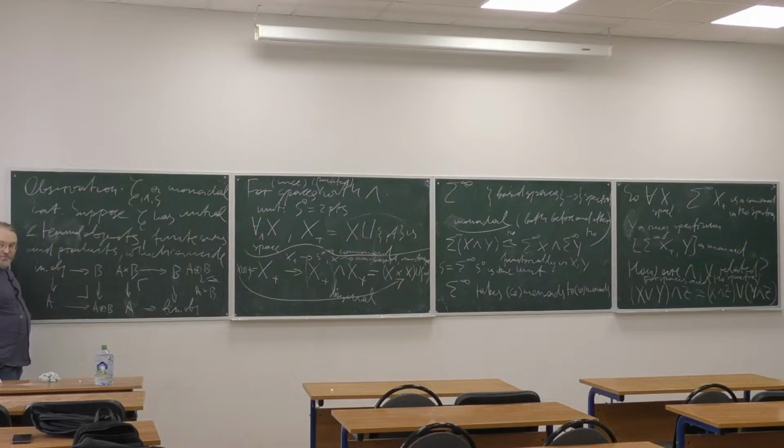So what do we do? So the map A plus B to A is the identity on A plus the map from B to the final object to A. Yes, so it was this map.